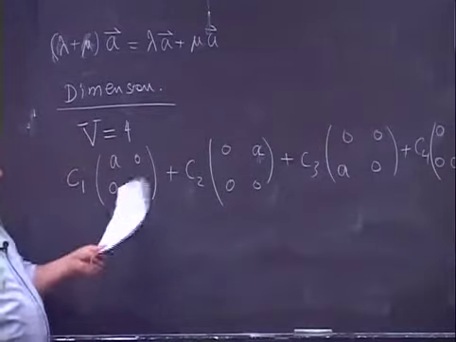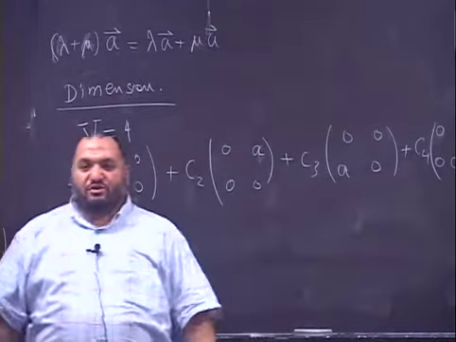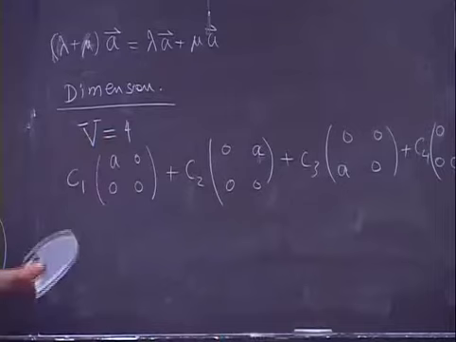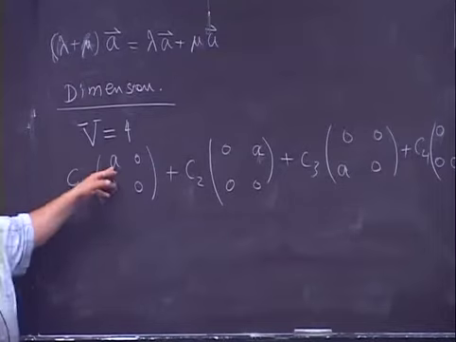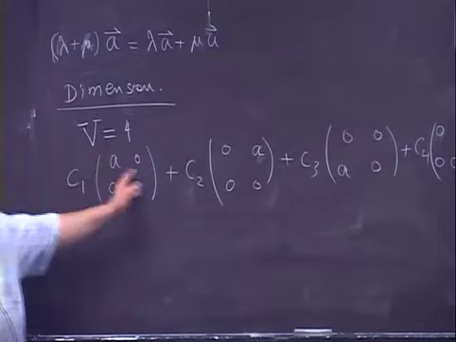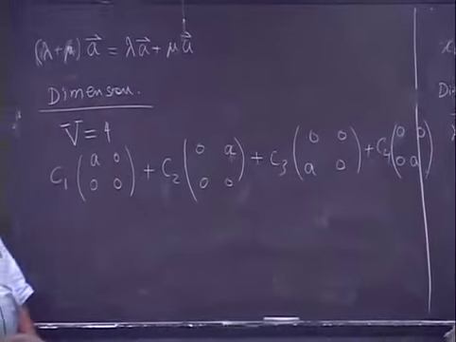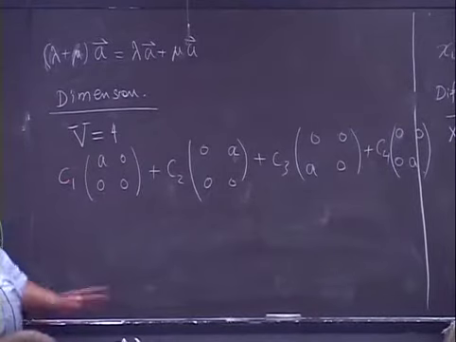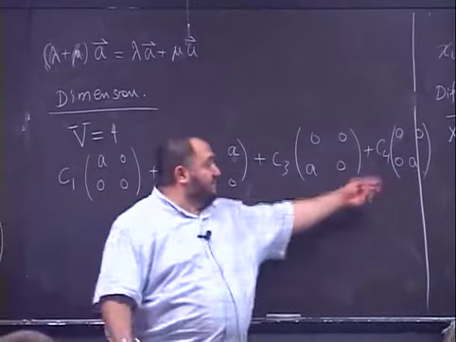So those are the 4 basis vectors of the vector space. A can be any real number. Let's assume A is 1. Then you can build any matrix inside the vector space by just multiplying by C1, C2, C3, C4.